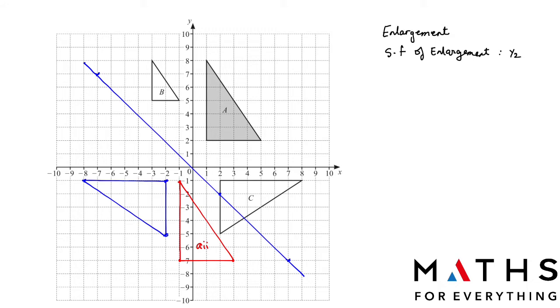The third mark you are going to get when you write center of enlargement. For this, join the corresponding points. So this point with this, and let's take another point.